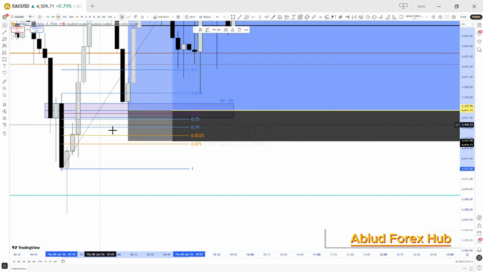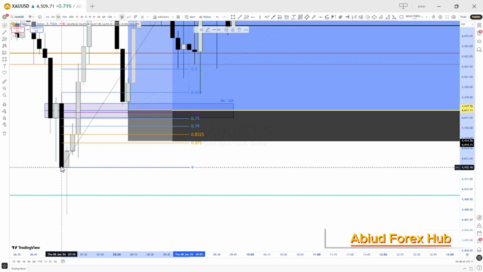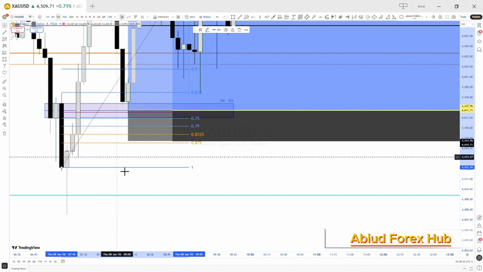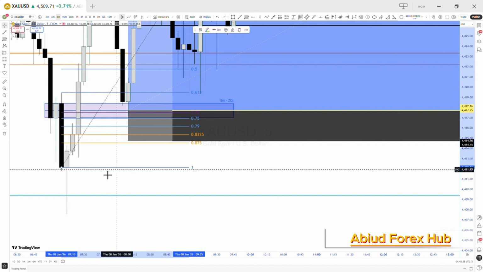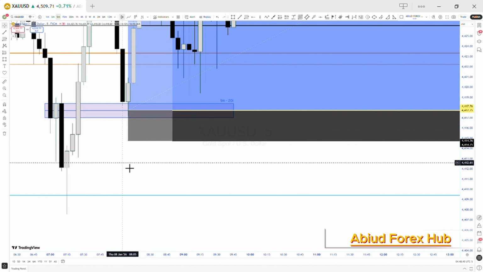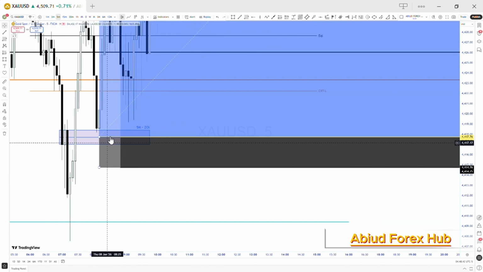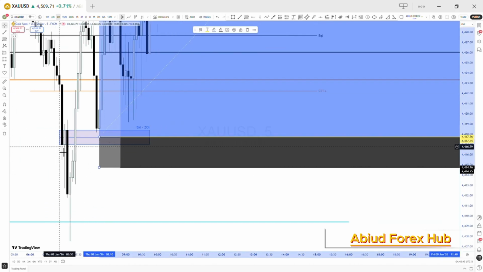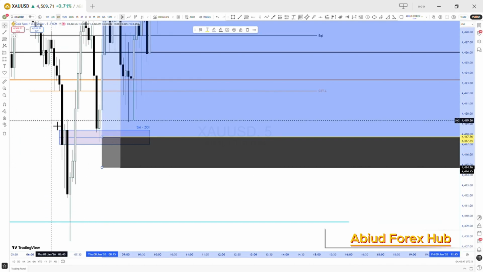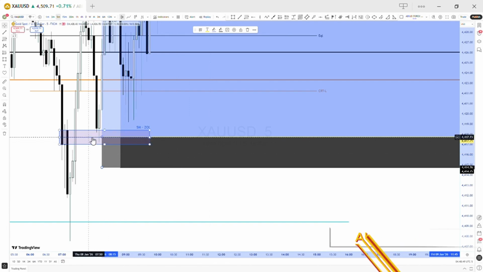I usually consider a level lower, which was hit very well, and therefore with my fib, I got my level confirmation, and therefore I was confident about it. Therefore now entry came here. You can see where our entry came at this level. Yes, at this level here on this zone.